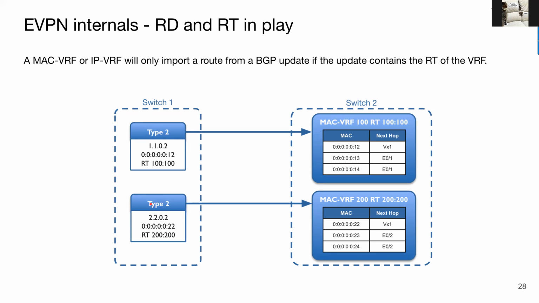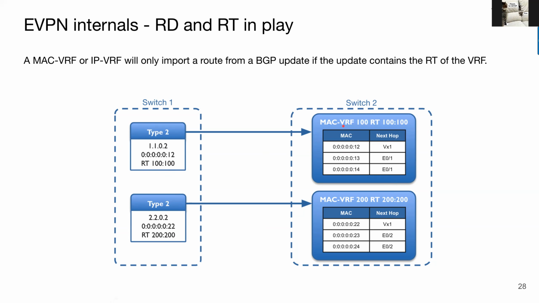All right, so let's look at a quick example where we have switch 1 on the left. And it's sending out a couple of type 2 messages where we have the route target 100:100 and a route target of 200:200. And on switch 2, we've got 2 layer 2 MAC VRFs.